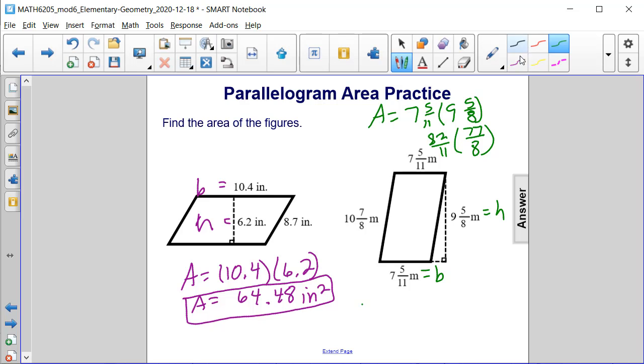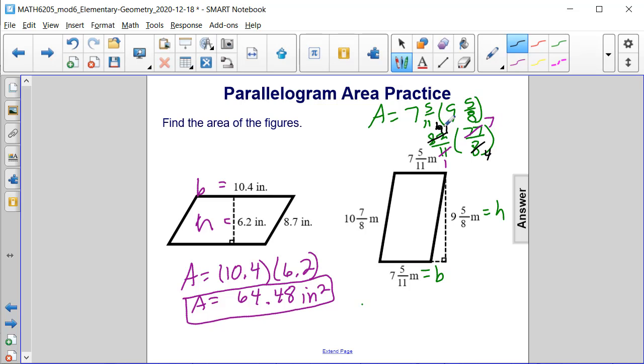And then if we look at our numbers that are diagonal to one another, we can see that we have 11 and 77. They are both divisible by 11. So let's simplify this. The 11 becomes a 1, and the 77 becomes a 7. Similarly, we have 82 and 8, and both of these are even numbers. So 2 divides into both of them. 82 divided by 2 is 41, and 8 divided by 2 is 4.